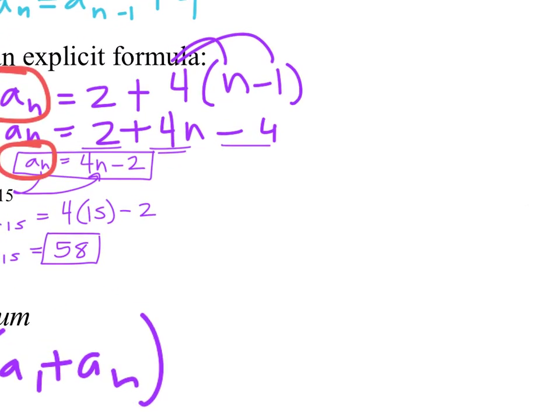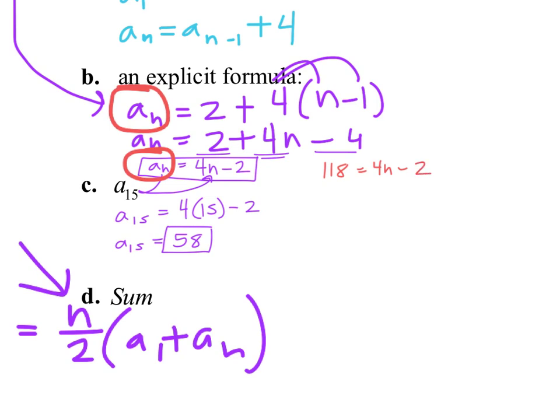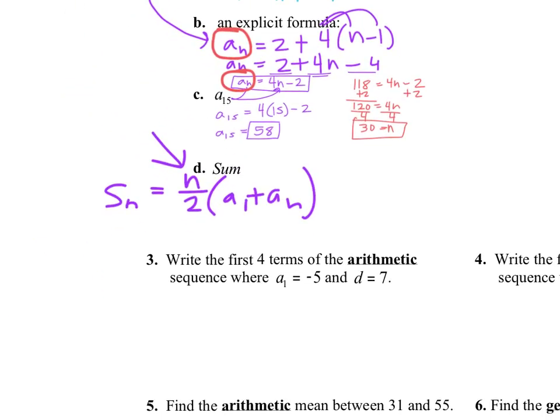So I'm going to plug in 118 equals 4n minus 2 and solve that. So add 2 and 120 equals 4n and divide by 4. So n is 30. That means there are 30 terms in this sequence. So then you come down here, and that 30 is going to go right here.